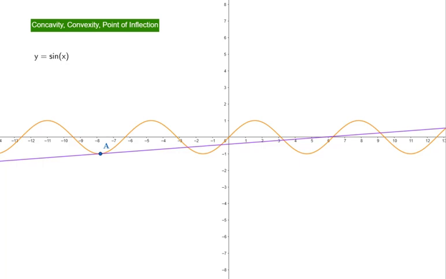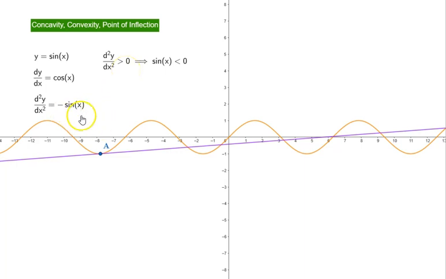So first is to figure out the derivative. So dy by dx equal to cos x. And now we take the second derivative, d2y by dx square equal to minus sin x. Now we have to figure out when is it greater than 0, because in that case it will be concave upwards. d2y by dx square is greater than 0, which means minus sin x is greater than 0.